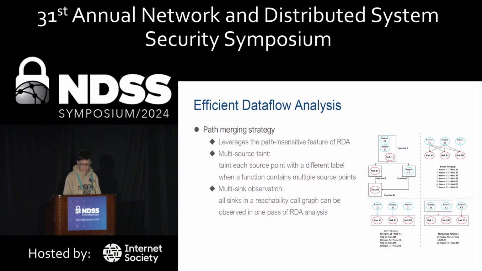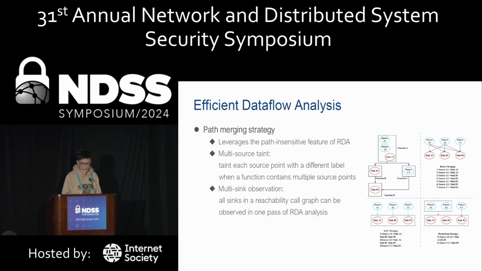HermeScan designs a path merging strategy to identify and merge paths that are analyzed too many times. The strategy leverages the path-insensitive feature of reaching definition analysis and employs 2 schemes, multi-source taint and multi-sink observation, based on control flow reachability.